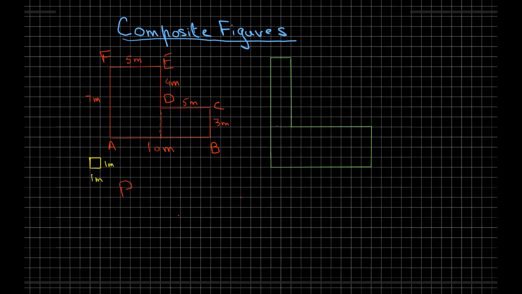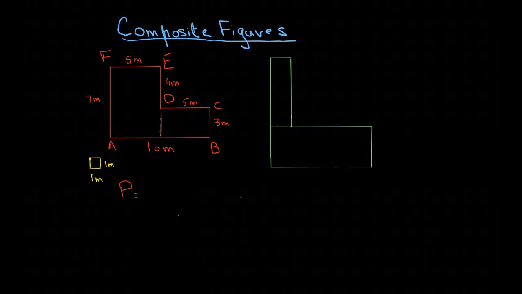Now that we know the lengths, let's calculate the perimeter first. So what's a perimeter? As I walk from A to B, I walk 10 meters. Then from B to C, it's 3 meters. From C to D, it's 5. From D to E, it's 4.